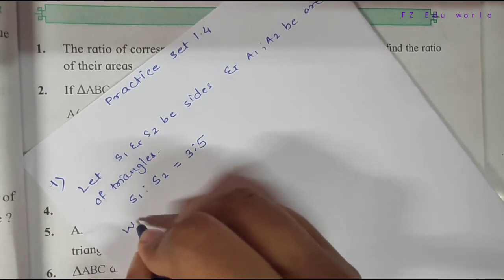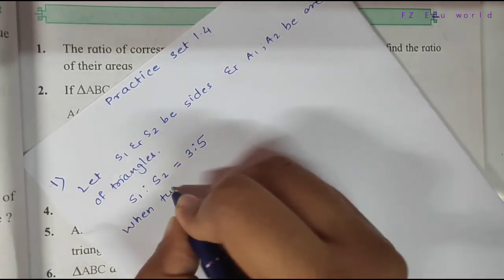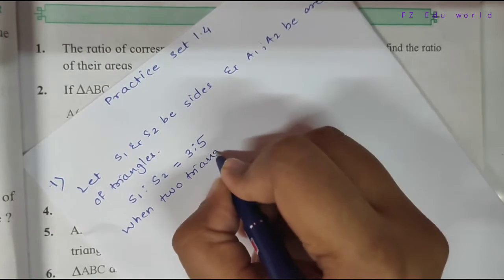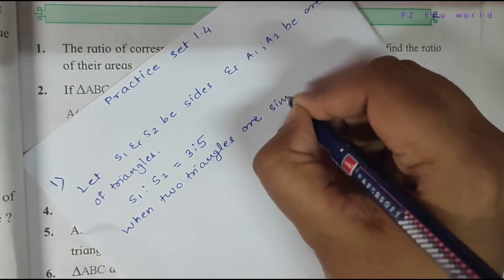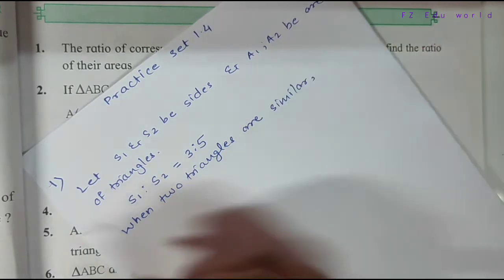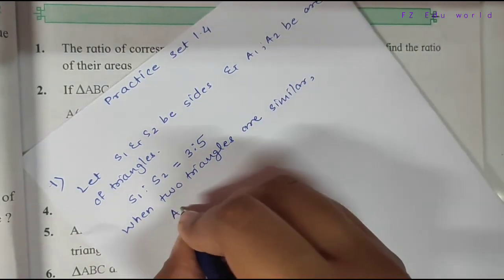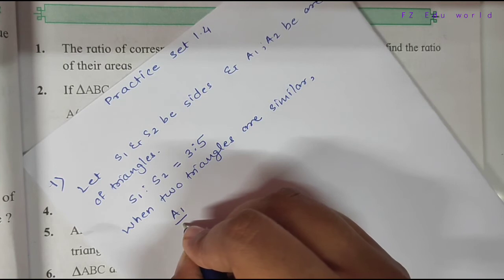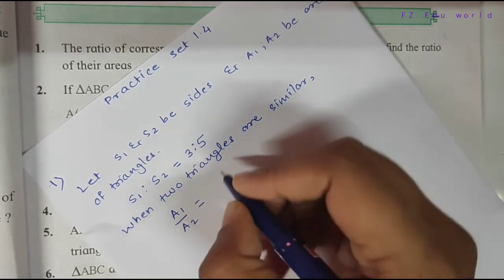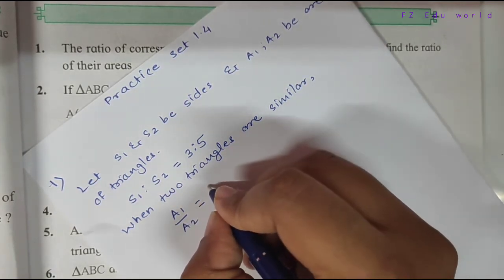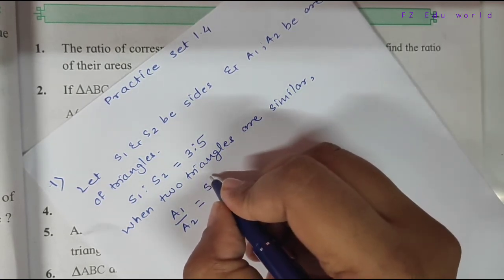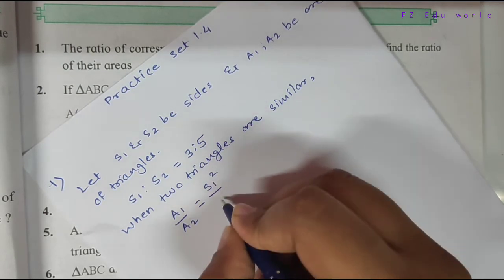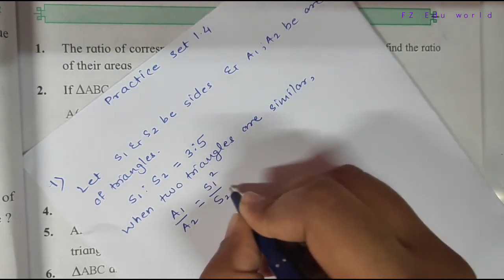When two triangles are similar, then the ratio of their areas is equal to the square of a side of the first triangle upon the square of the corresponding side of the second triangle.